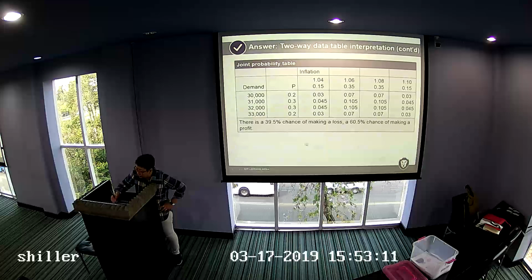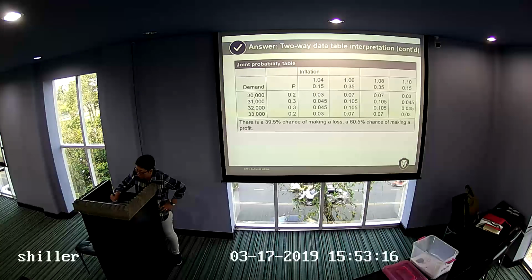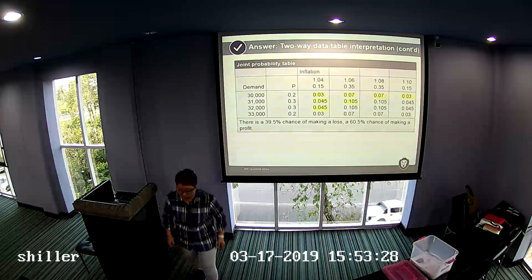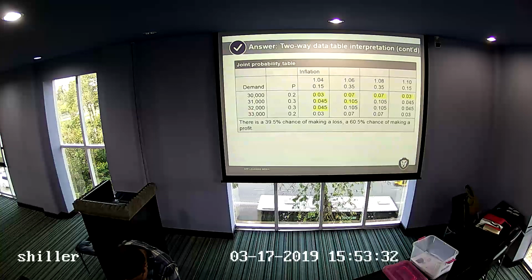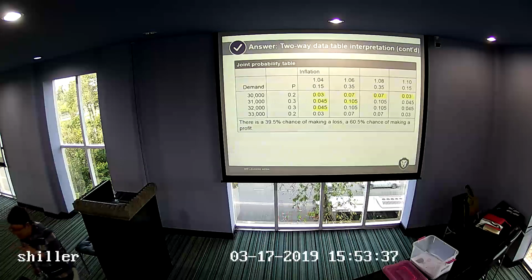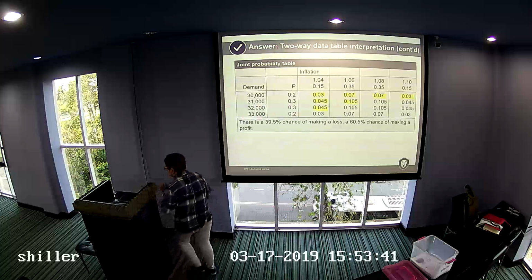Which ones were the losses at the beginning? 1, 2, 3, 4, 5, 6, 7. Can you double check? The highlighted ones are the ones that were losses in the original table.